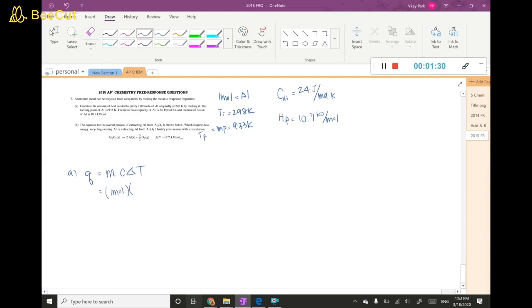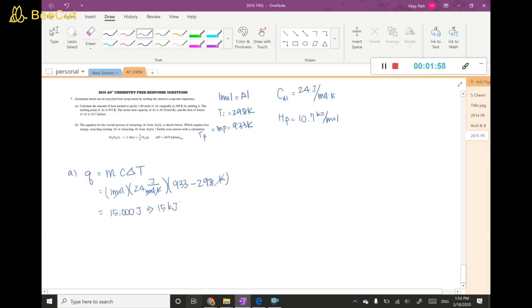And what is the heat capacity? It's 24 joules per mole Kelvin. And what is delta T? It's always going to be final minus initial, so 933 minus 298 Kelvin. And so Kelvin cancels out, moles cancels out, and I end up with just joules. And I end up with 15,000 joules, or if I were to convert it, it ends up being 15 kilojoules.